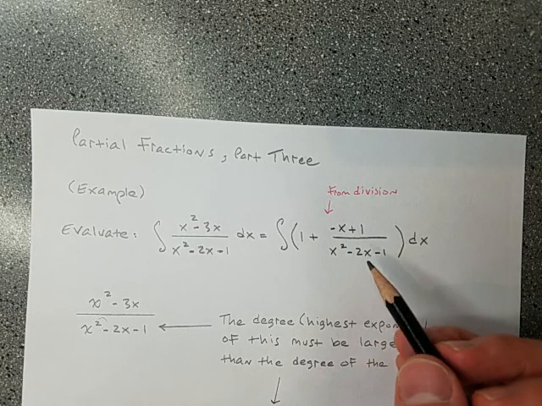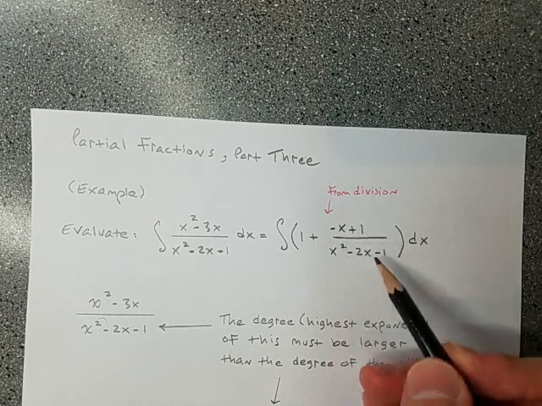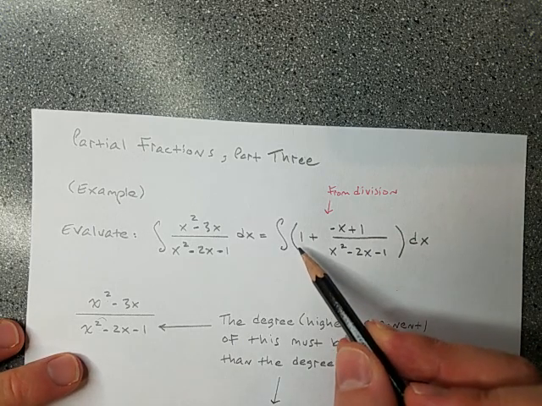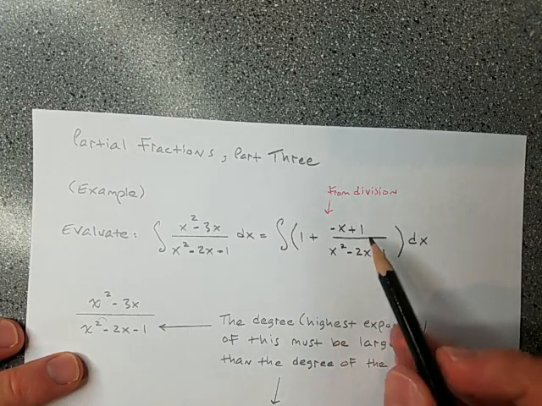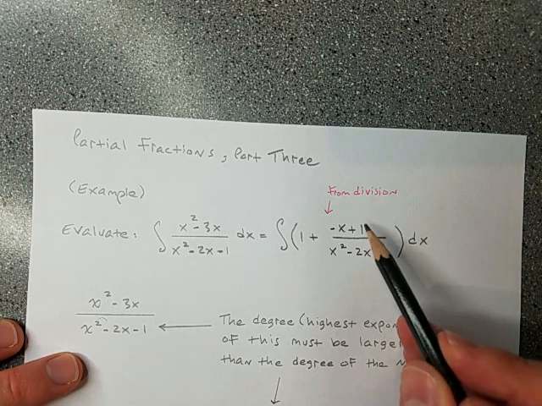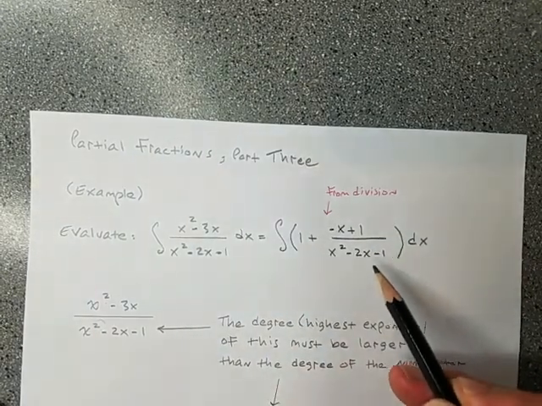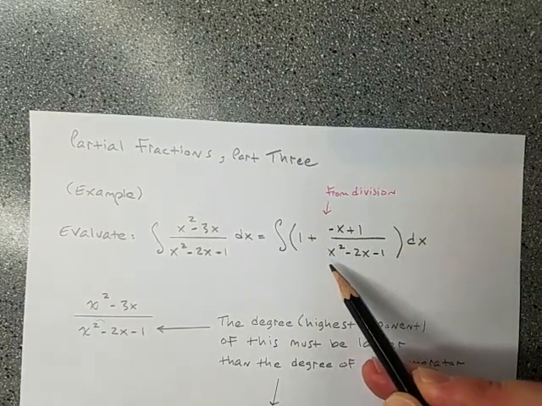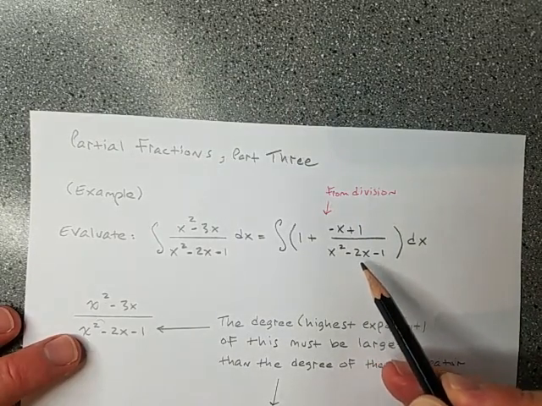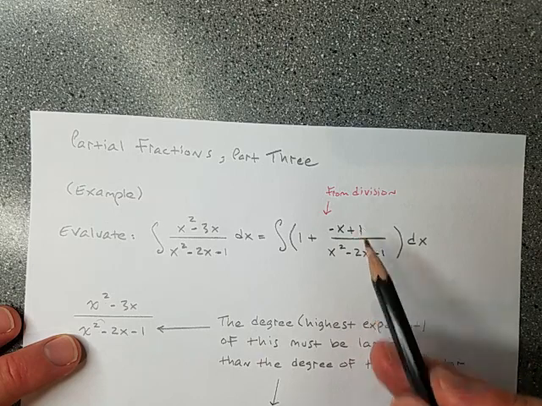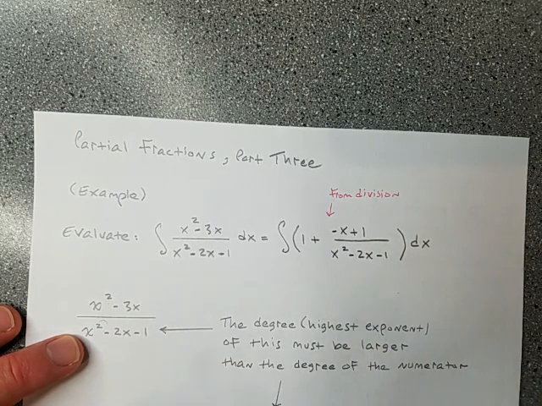All right? Now, when I look at this, you know, obviously the 1's not a problem. But these look similar in a way that, what's the derivative of this? X squared minus 2x minus 1. Derivative would be 2x minus 2. And I think I can make this work with a u substitution. Let's do something though.